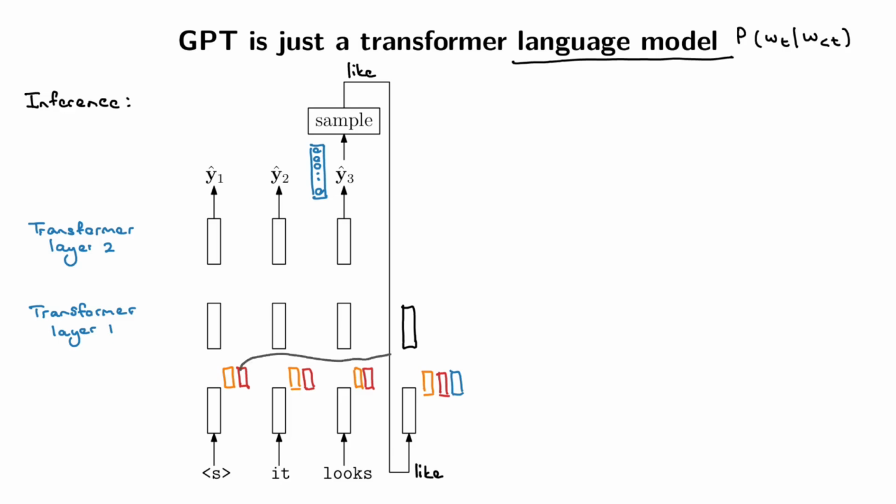So this red vector goes in there, this red vector goes in there, this red vector goes in there, weighted sum, and that gives you the hidden representation in the first transformer layer at the fourth time step. And then the same thing happens here. So here again, you're going to do a weighted sum over all of these from the first layer.